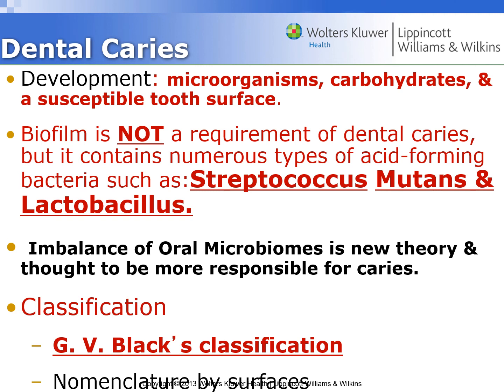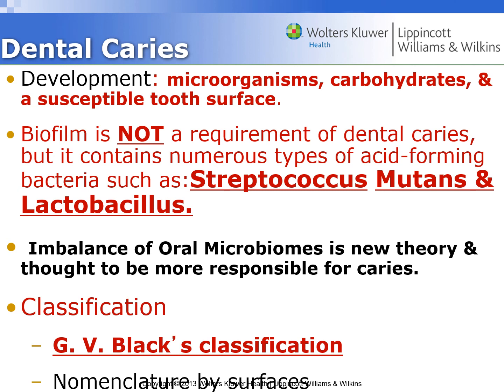You'll go more in depth when you get into periodontology class next term. But Streptococcus mutans and Lactobacillus are the main two acid-forming bacteria that have to do with dental caries. I would tuck that away for sure.